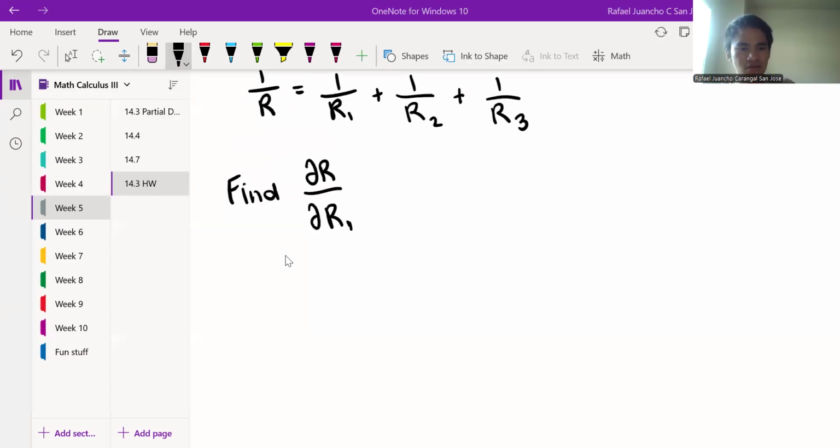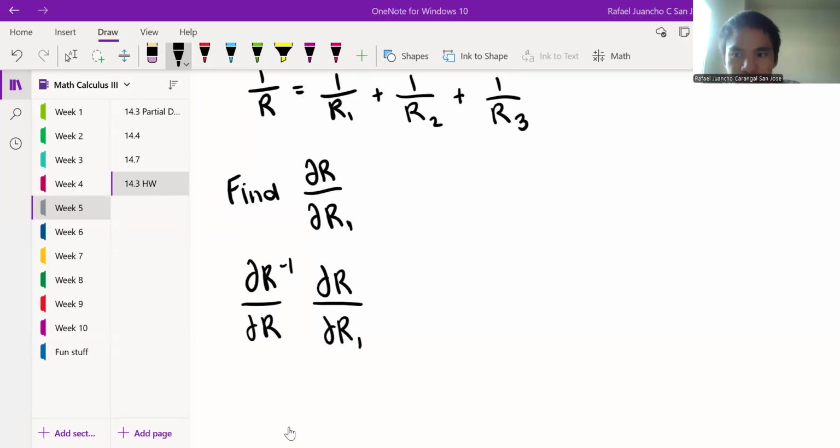And so from there, he can say that the partial of that inverse with respect to R, and if we multiply that with the partial of R with respect to R1, then we would get the partial of this thing.